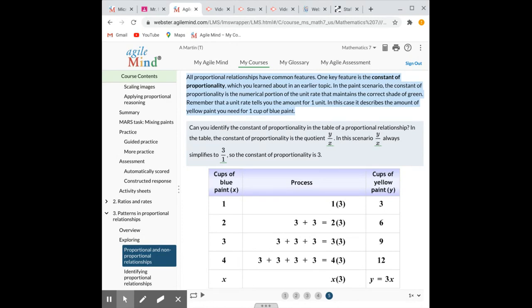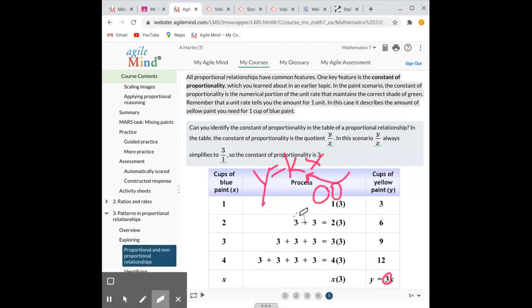Not 1. What is the constant? Okay, it's 3. Yeah, it's 3, because y equals k times x, and k is the constant. Is it 3? It is 3. Good job.